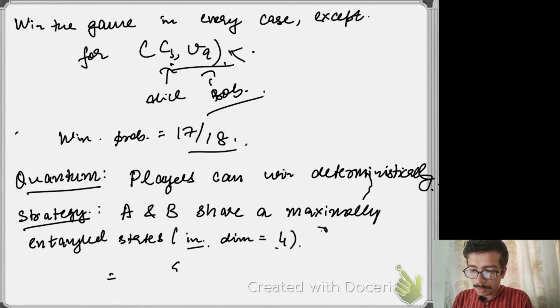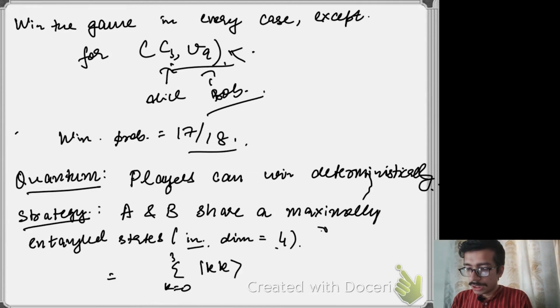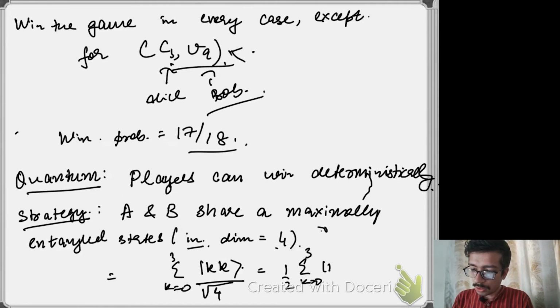So what does this happen to be? This happens to be the sum over k from 0 to 3 of |kk> over square root of 4, so half of the sum over k from 0 to 3 of |k,k>.